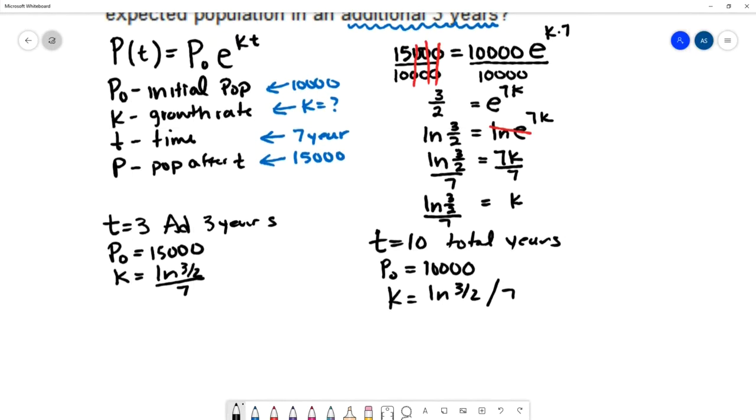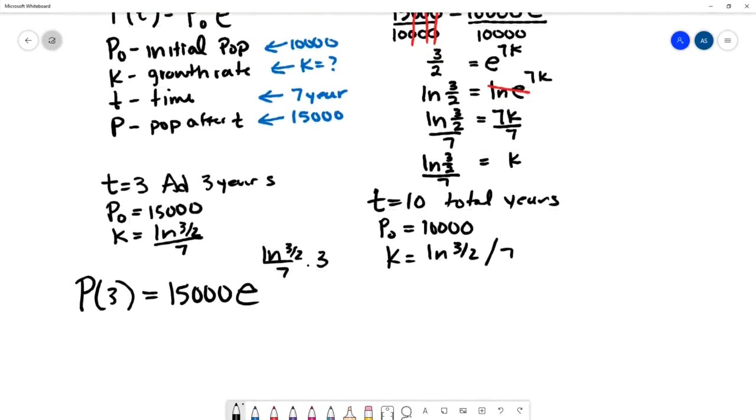So if we use the 3 years, it would be P of 3 equals 15,000 e to the k, which is natural log of 3/2 over 7, times t, which is 3. And if we use the 10 years, it would be P of 10 equals 10,000 e to the natural log of 3/2 over 7 times 10.